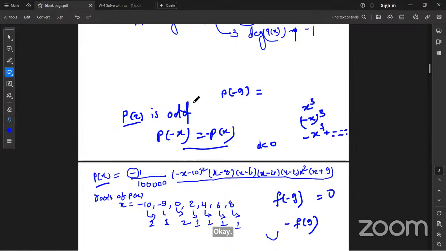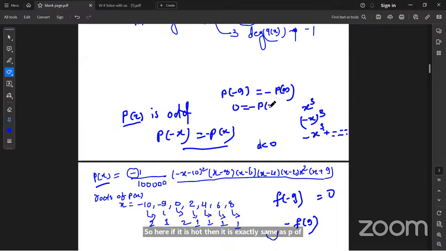If it is odd, then it will give me the result like this. So if it is odd, then p of minus 9 is exactly the same as minus times p of 9, right? But p of minus 9 is 0. It means minus times p of 9 is 0. It means p of 9 is equal to 0, right? Yes, sir.